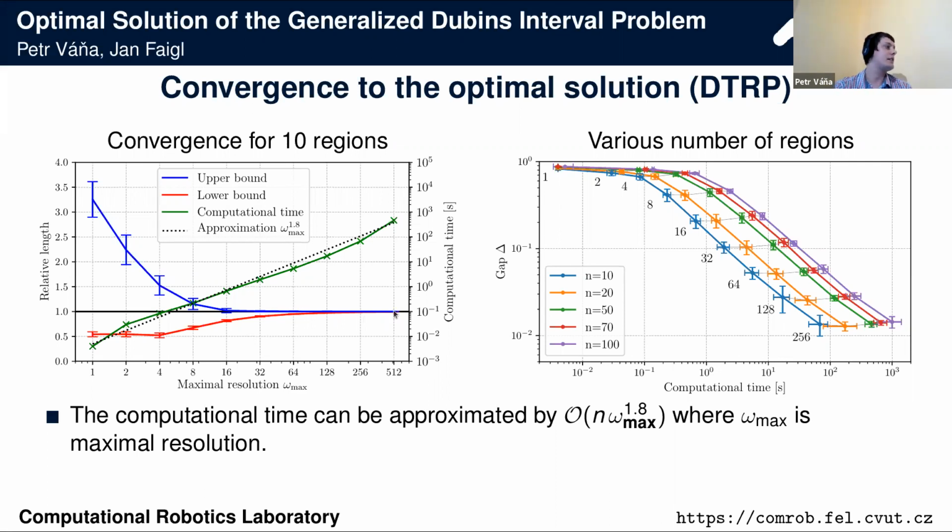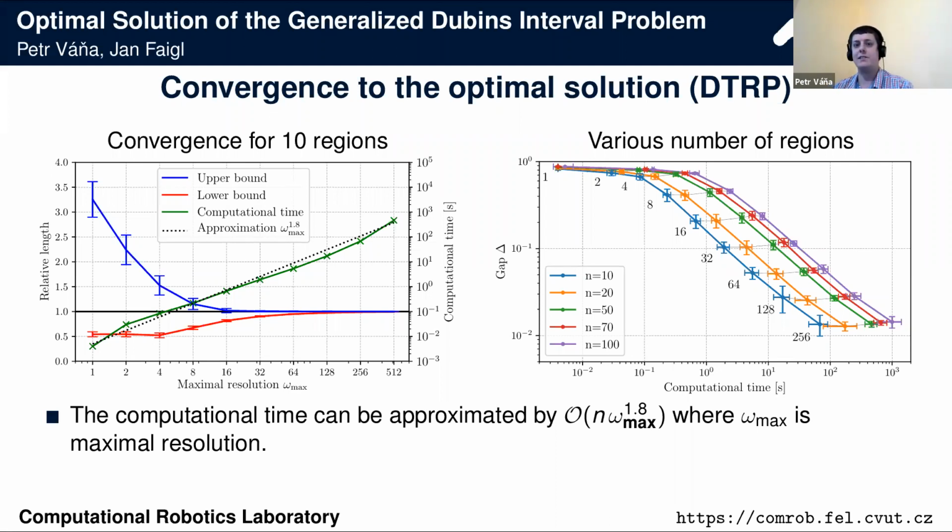And this is the relative length. And on the other axis, you can see the computational time. Since both axes, the resolution and computation time, are logarithmic, you can see that in logarithmic scale, the computational time grows approximately linearly.